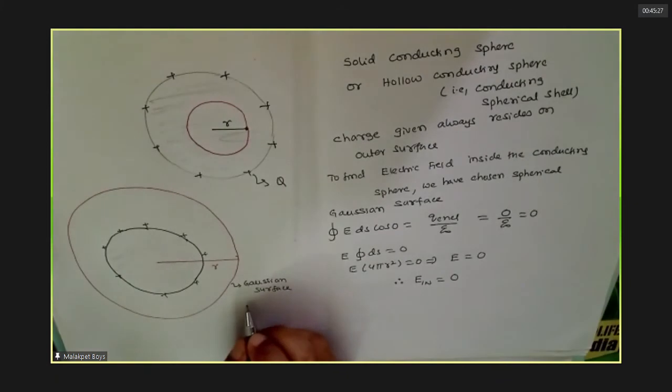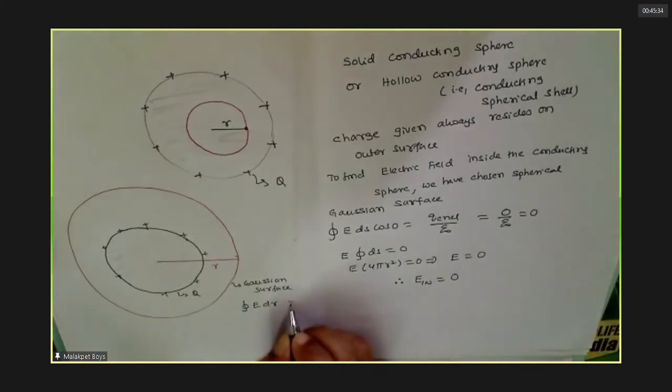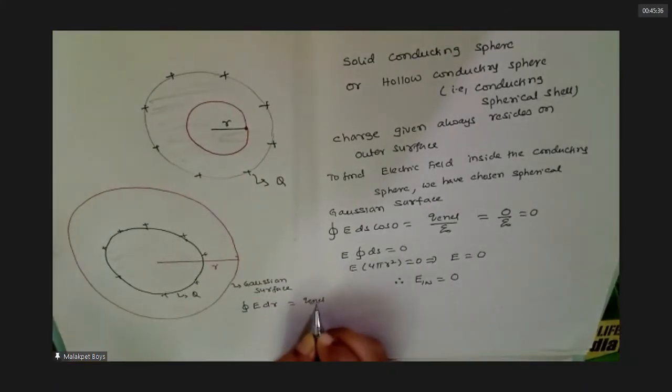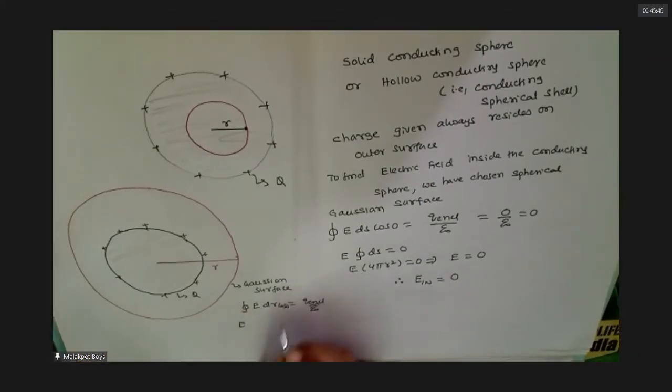For this Gaussian surface, we can apply the same way now. What is the charge enclosed? Q. Entire charge on the sphere is enclosed, no?